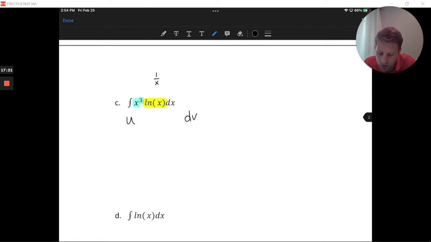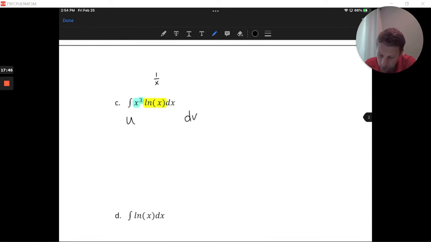If I consider the dv, I need to know its antiderivative. So I know the antiderivative of x to the third. I can find that with the power rule. But the antiderivative for the natural log is going to be a little trickier. I'm not quite sure what that is off the top of my mind, and I don't think we've learned that rule yet.